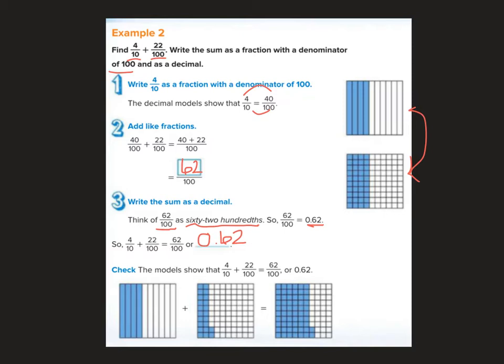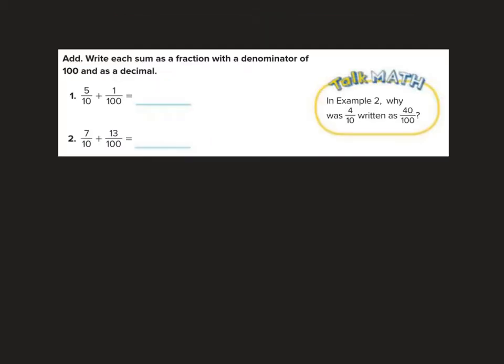Okay, the models show that 4/10 plus 22/100ths are equal to 62/100ths. So, awesome. Let's keep going.